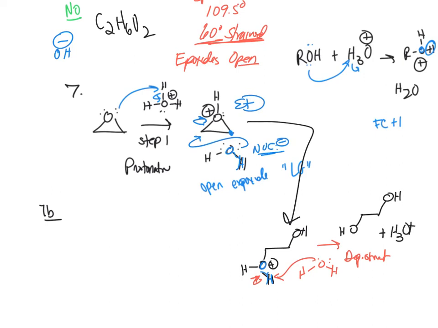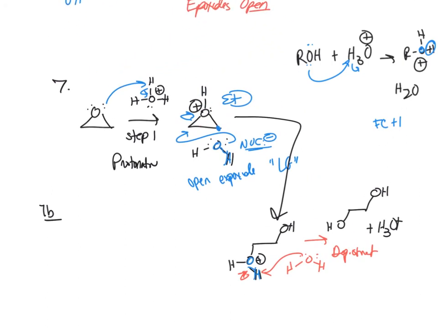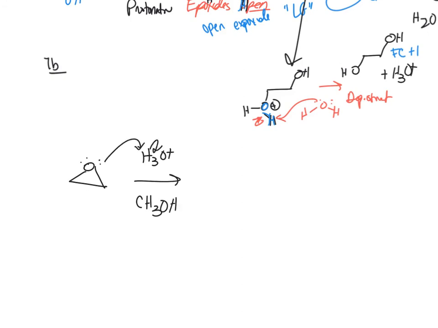Okay, once your group has reached agreement on the above questions, draw the product that would form if the acid catalyzed opening of the epoxide was conducted in acid and methanol. So what if we did this reaction in alcohol? So there's our epoxide. And what if we did it in some acid catalyzed methanol? Well, step 1, you get protonation of your epoxide, which would activate it towards this weak nucleophile.